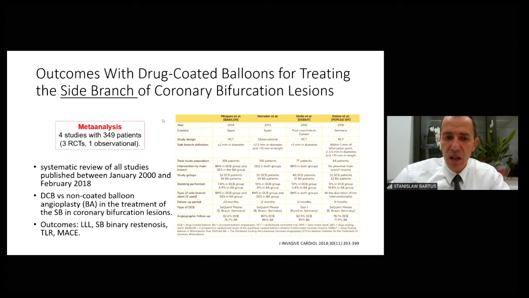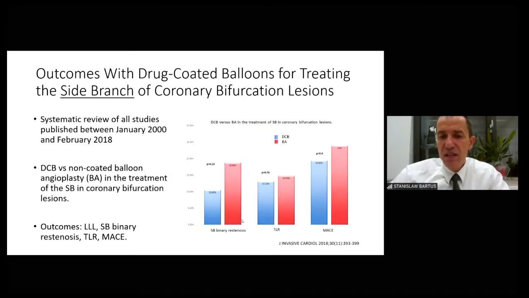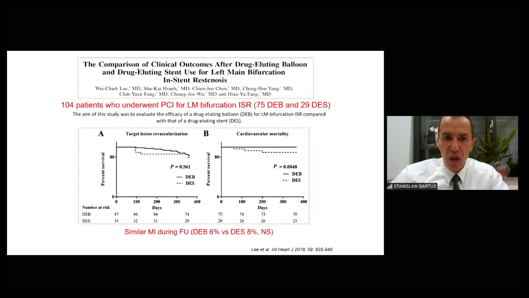This study clearly showed that there is definitely a lower number of side branch binary restenosis, while the number of MACEs and target lesion revascularization was not statistically significant.